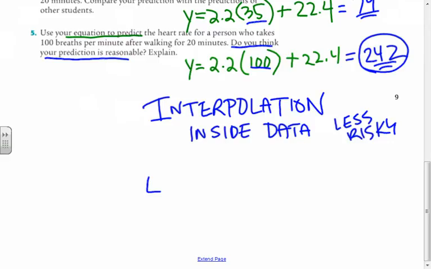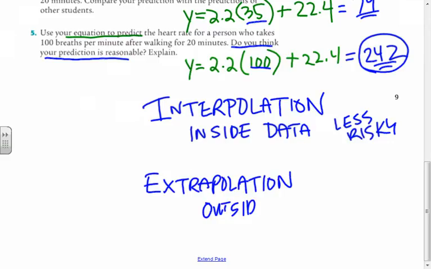But if it's outside the data, that's called an extrapolation. When you do that, it's a little more risky. There's some risk involved when you go outside the data and use a number like that with your equation.